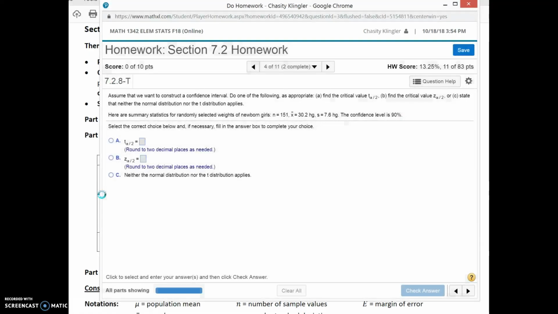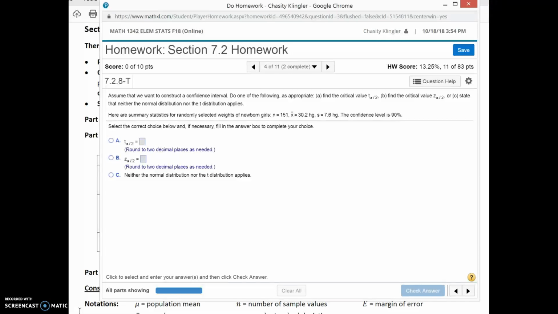So moving on to number 4, it says, here are summary statistics for randomly selected weights of newborn girls. N equals 151, X bar equals 30.2 Hg, S equals 7.6 Hg. The confidence level is 90%. By looking at just the information they gave me, S equals, which is my sample standard deviation.